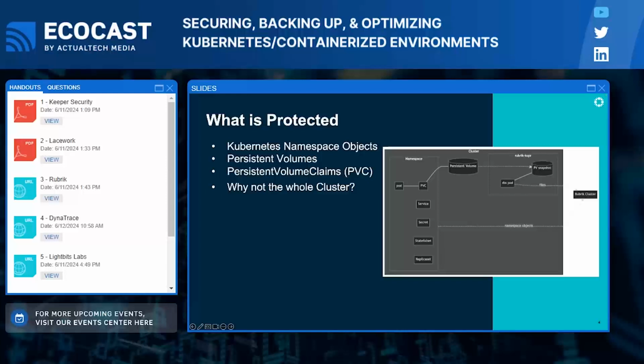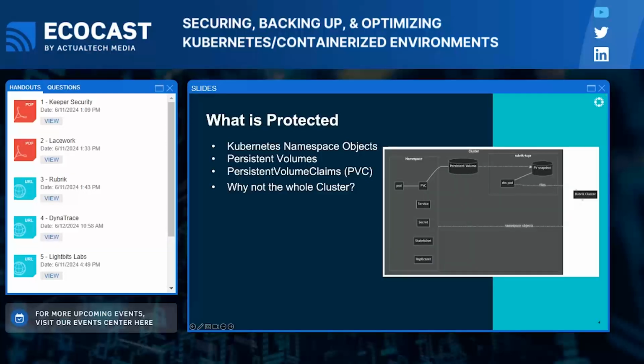And the reason this is important is we'll have possibly two different types of persistent volumes. There are really a number of different types of persistent volumes, but really I'm going to talk about two specifically today. So the question is, hey, why not just protect the entire cluster?